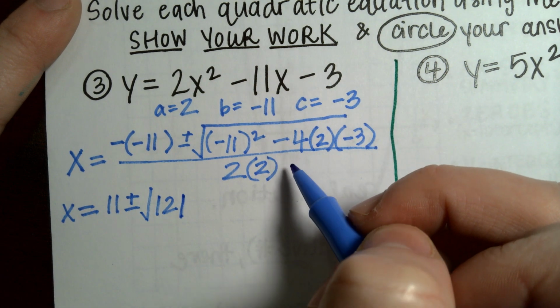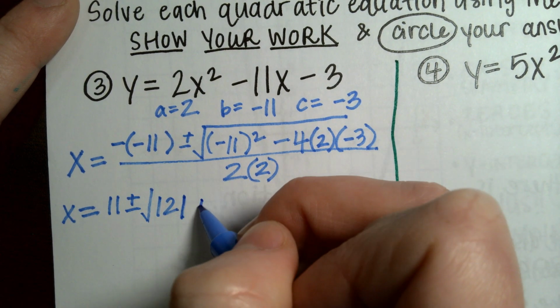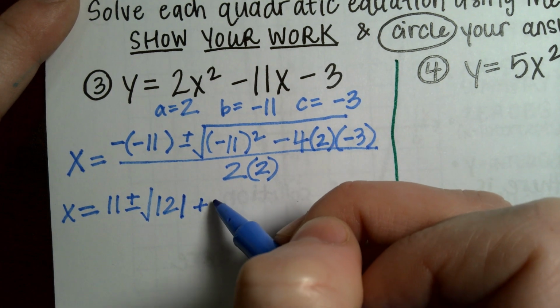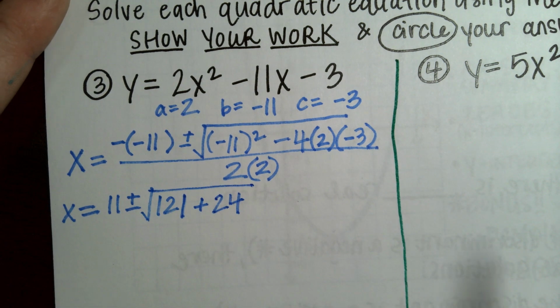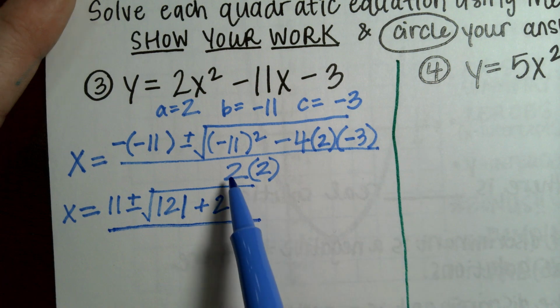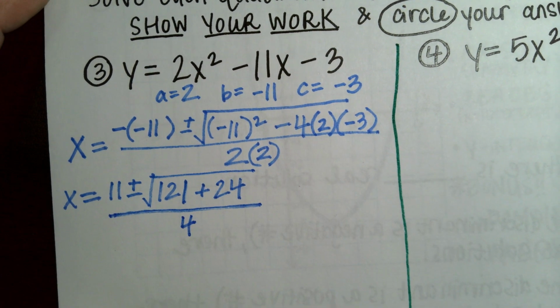And then I've got -4 times 2 times -3. 24. And those two negatives will cancel and make a positive. So we're doing 121 plus 24 under our square root. And all of that is divided by 2 times 2, which is 4.